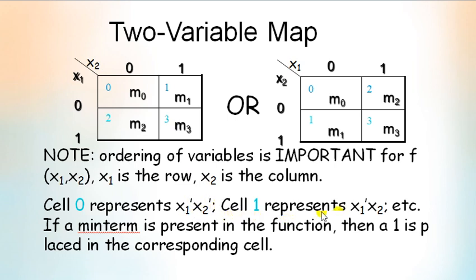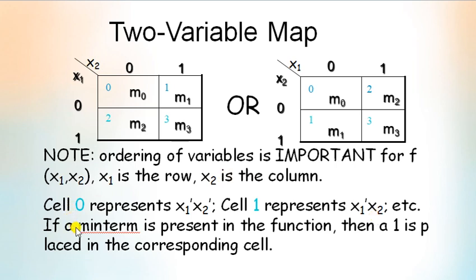And cell 1 represents x1 bar x2. That means this is cell 1, and the value for this cell is 0 row-wise and 1 column-wise. So 0 1 is the value for this cell, and we can represent it as x1 bar x2.